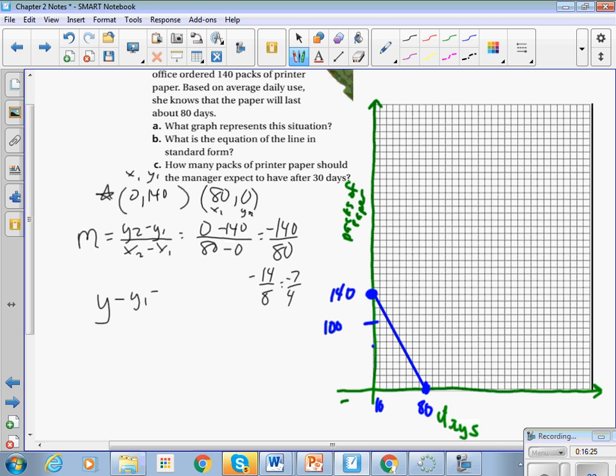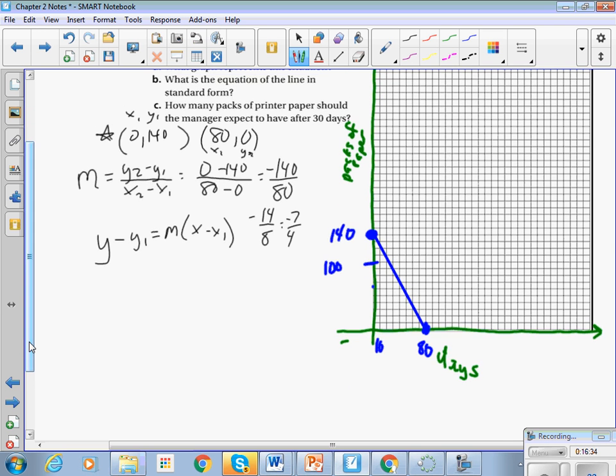So y minus y1 equals slope times x minus x1, and I'm going to replace y1 with 140, m with negative 7/4, and x1 with 0.